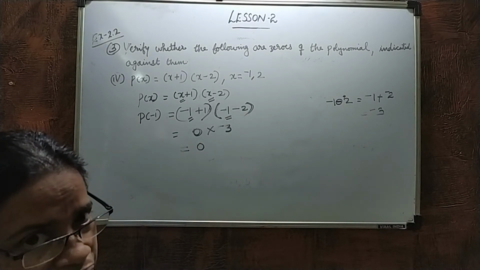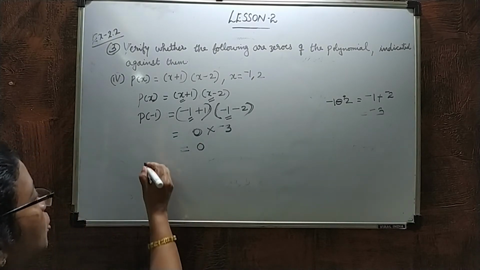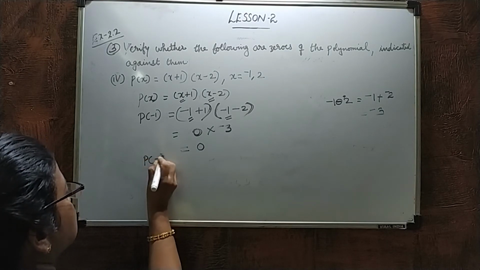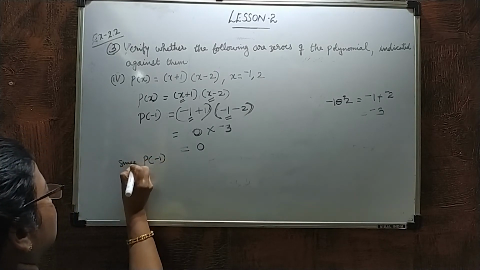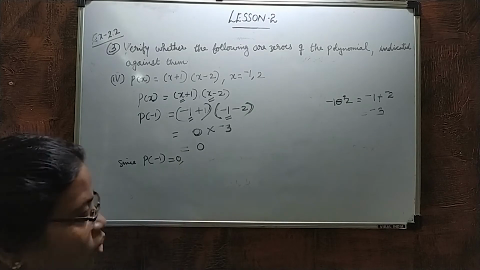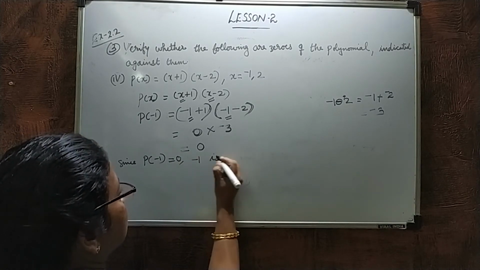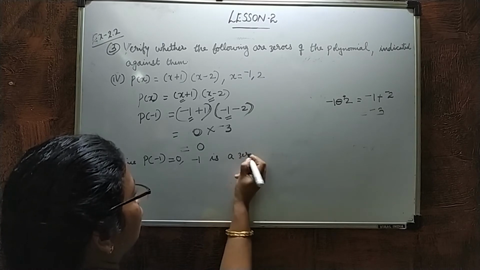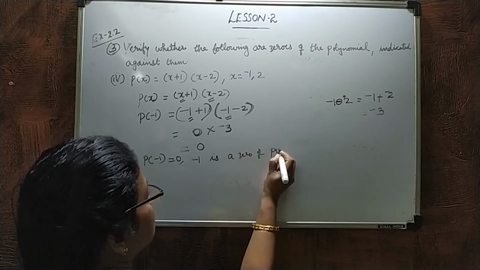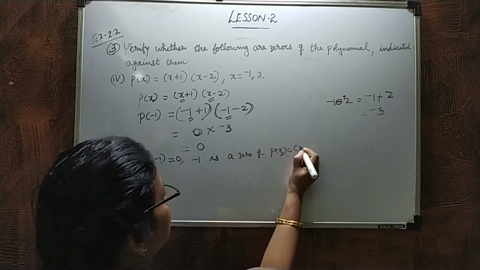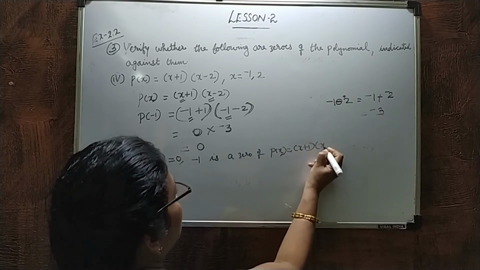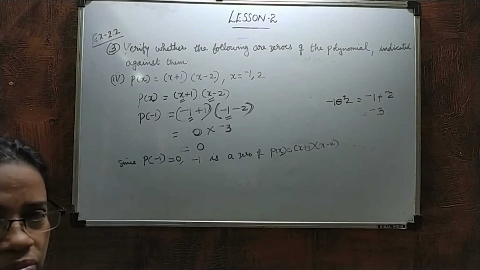You have to write, since P of negative 1 equals 0, then what can we say? Negative 1 is a 0 of P of x equals x plus 1 into x minus 2.